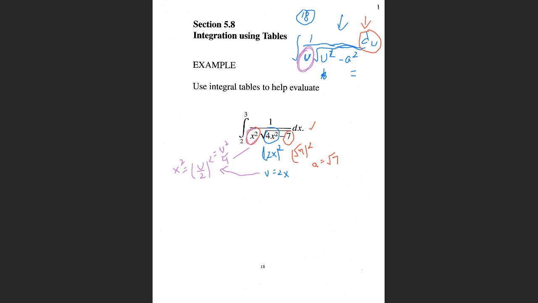Okay, let's see. Tosh thinks it's formula 45. Formula 28, let's look at formula 28 real quick, and then we're going to go to formula 45.